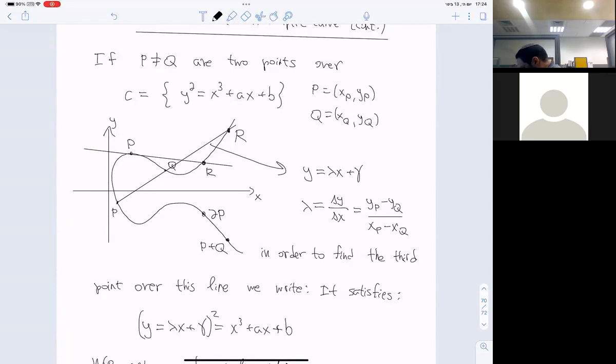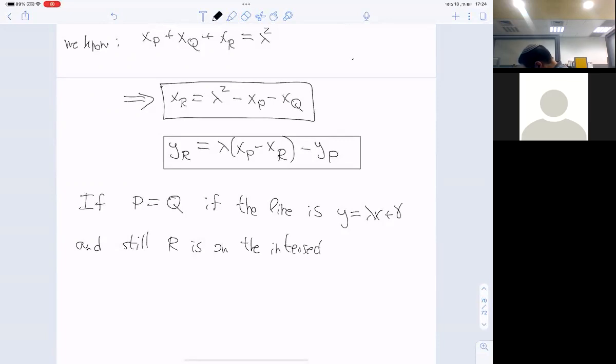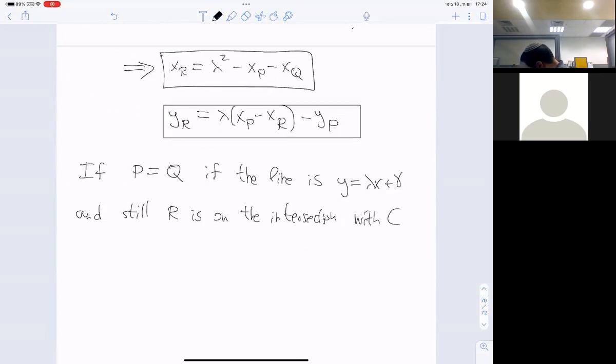If the line is as before, and of course R is still on the intersection with C. So what is C?